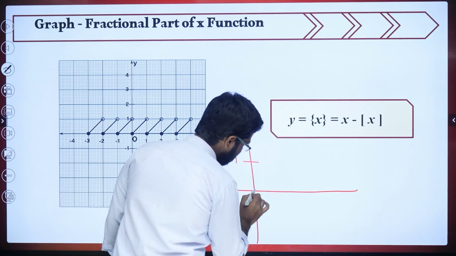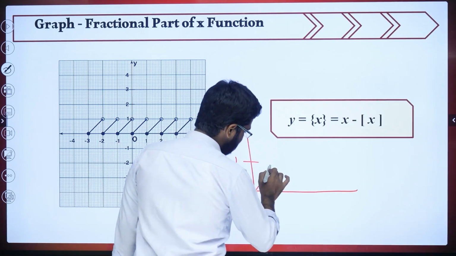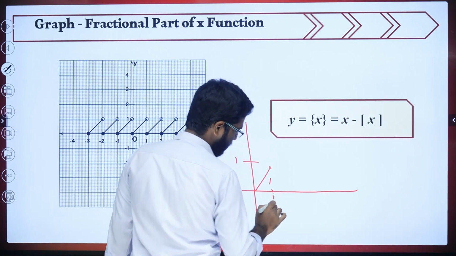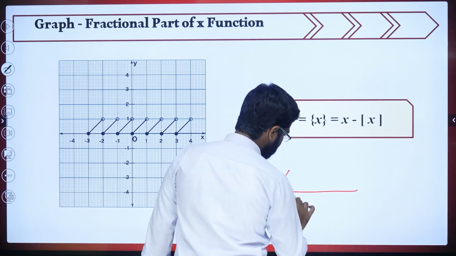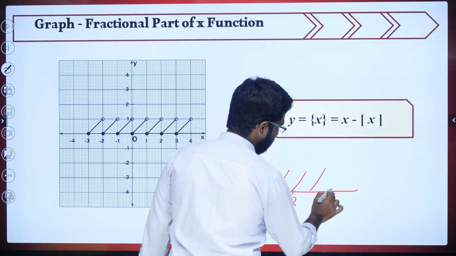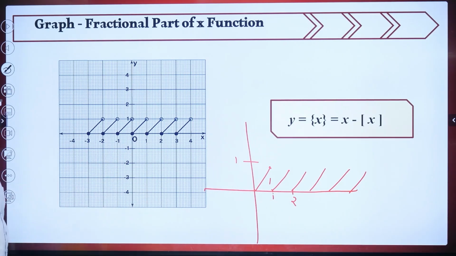So from here it will reach till 0. Again at an integer it will become 0; at 1 it will become 0, from 1 it will grow again, then when it comes to 2 it will again become 0. Likewise the function goes, my dear students. So this is the graph of this function.